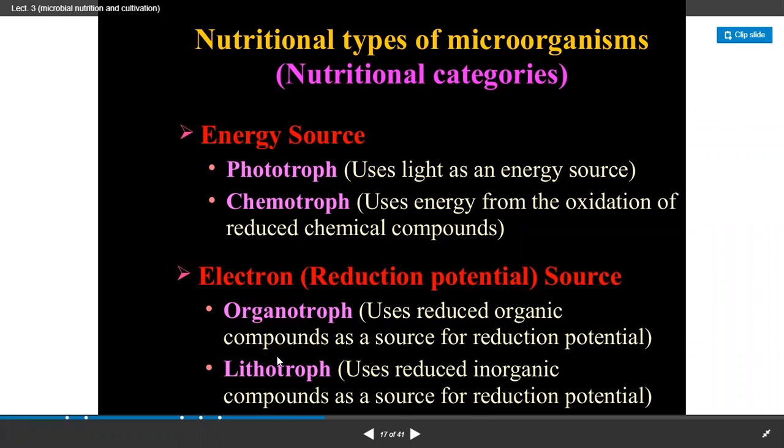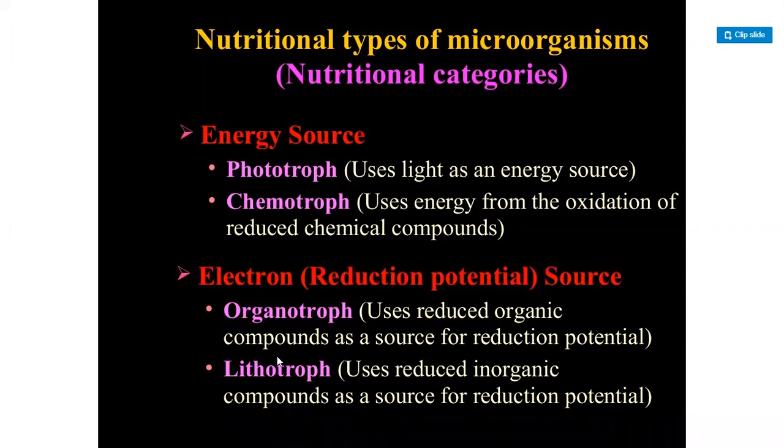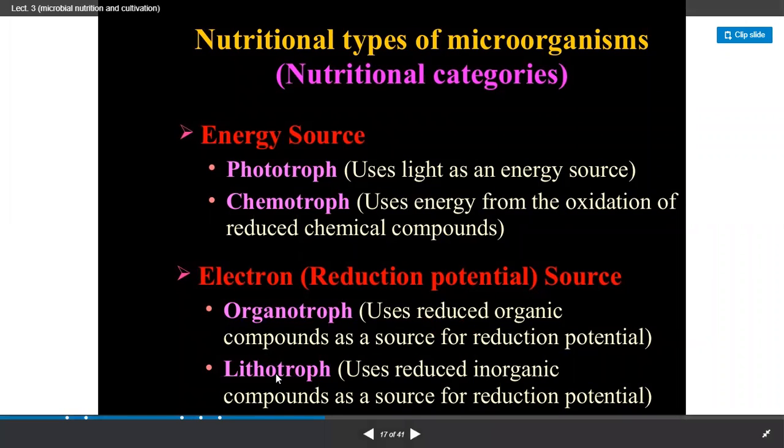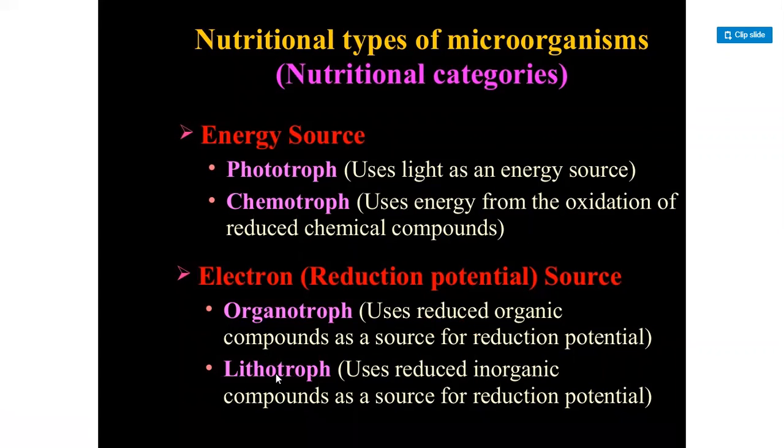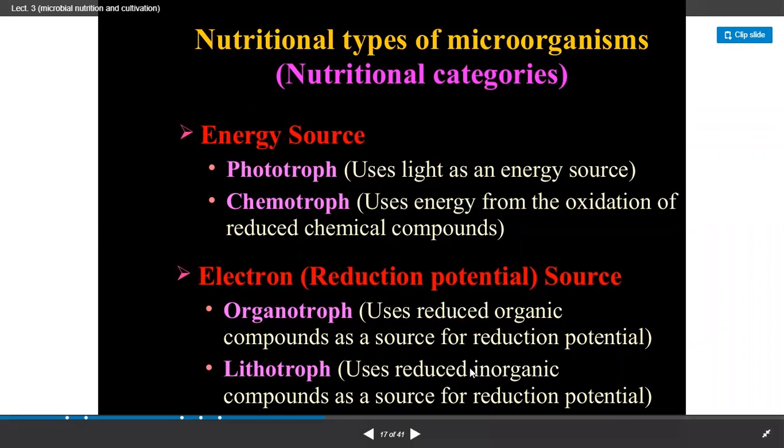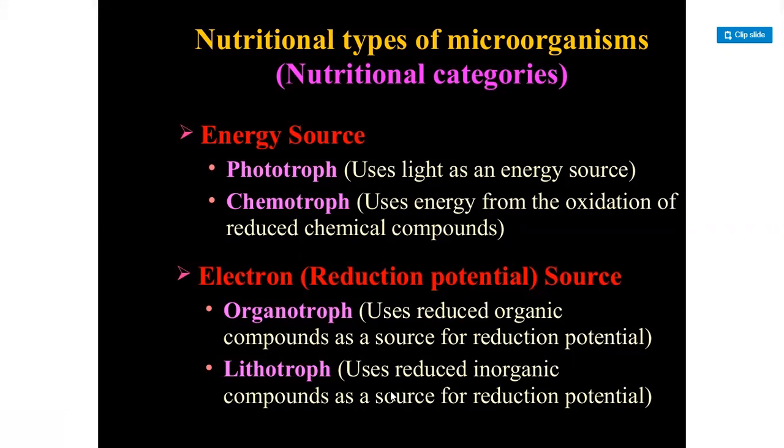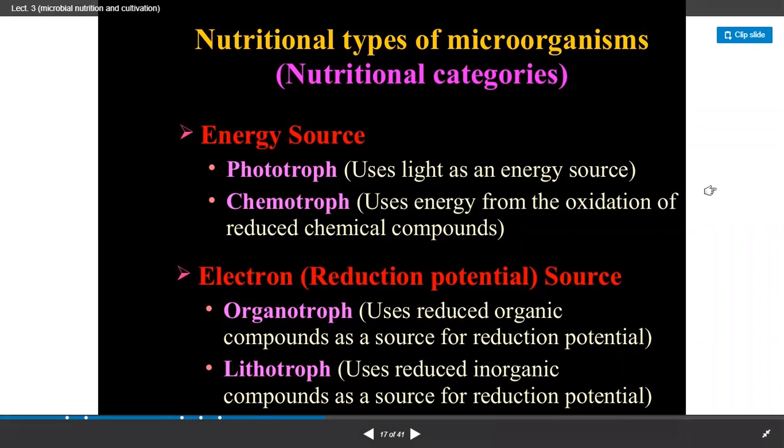Lithotrophs use reduced inorganic compounds as a source of reduction potential. Means the carbon which is already reduced, which has some inorganic compounds. The inorganic compounds are used, not the organic. Inorganic compounds are used as the energy source by the lithotrophs.